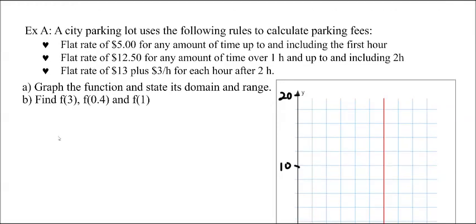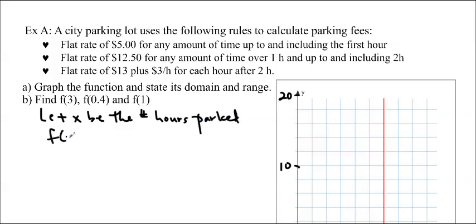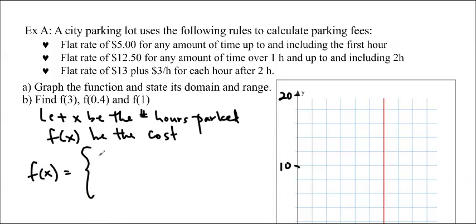So actually it doesn't say to write the equation, but I want to write the equation for this just to show you how. The first thing we want to do is define the variables. So let x be the number of hours parked, and we're going to let f of x be the cost. The way you write a piecewise function is you write f of x equals, and then a big curly bracket, and we're going to use the three rules.